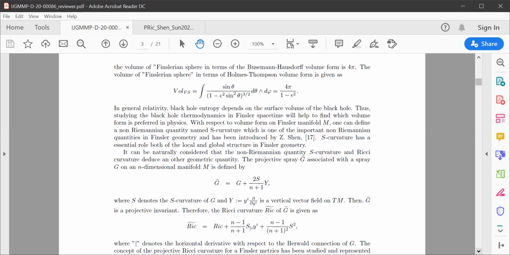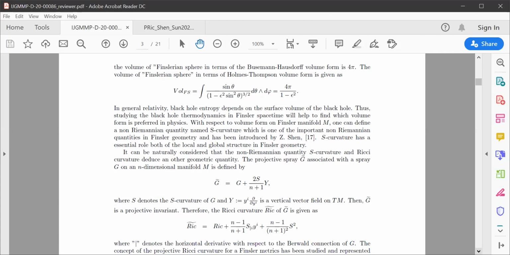So the projective spread associated with a spread on a manifold is given by that. The S denotes the S curvature of G. That's wrong. Spread cannot determine the S curvature, but I will see later.